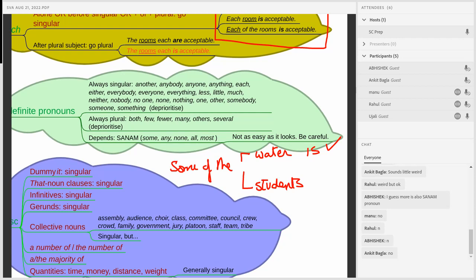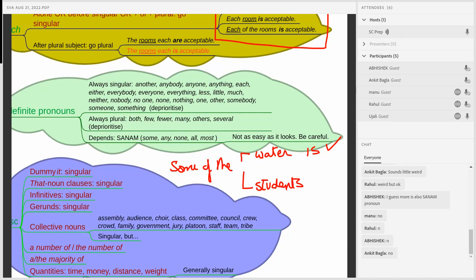Probably like 99% no. I think I've at some point either heard it or read it in some context, but I can't recall. But I think I'm right, though not 100% sure. Just by gut instinct, if I said something like some of the students is watching a show, you'd probably find that not right. Yeah, exactly. That's what we're saying. So we're typically not going to have a problem with a word like some.